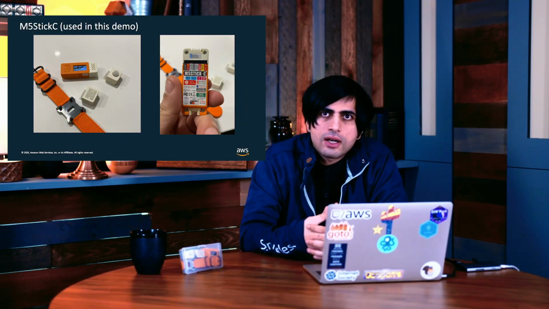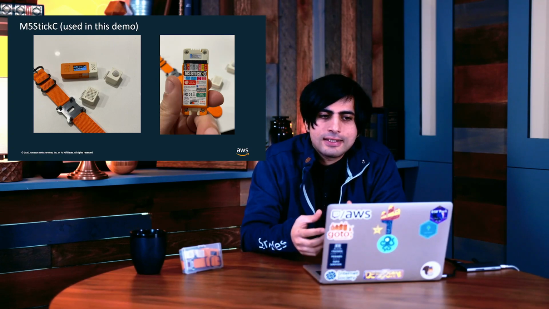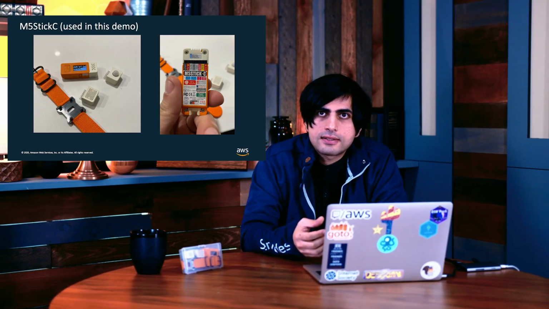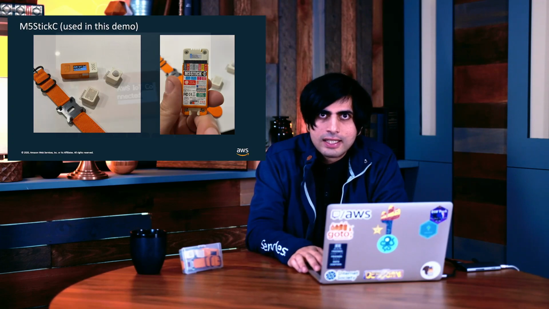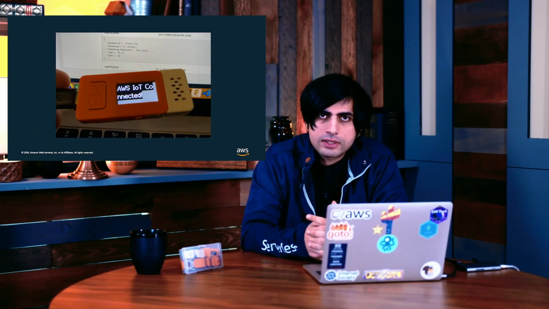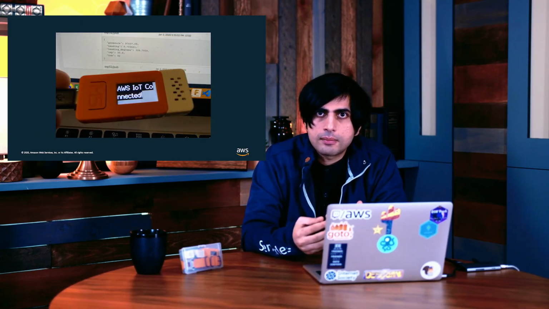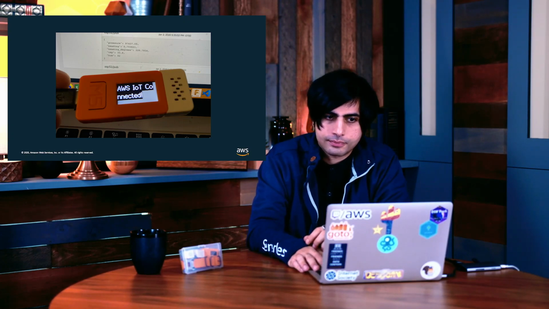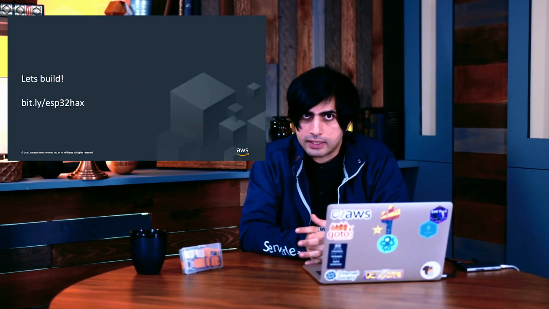This is a low-cost ESP32-based development board created by M5Stack, and this is their smaller module, which has a number of built-in features, including a microphone, an IMU, buttons, as well as quick connect ports for sensor modules. It also has a built-in LCD, which we'll be using to display messages that are coming in from our serverless application. So let's get down to building this application.